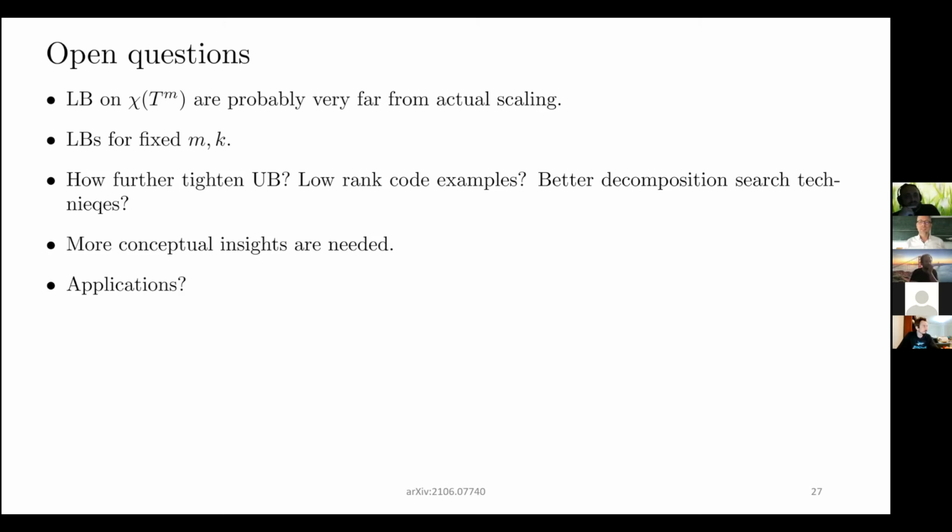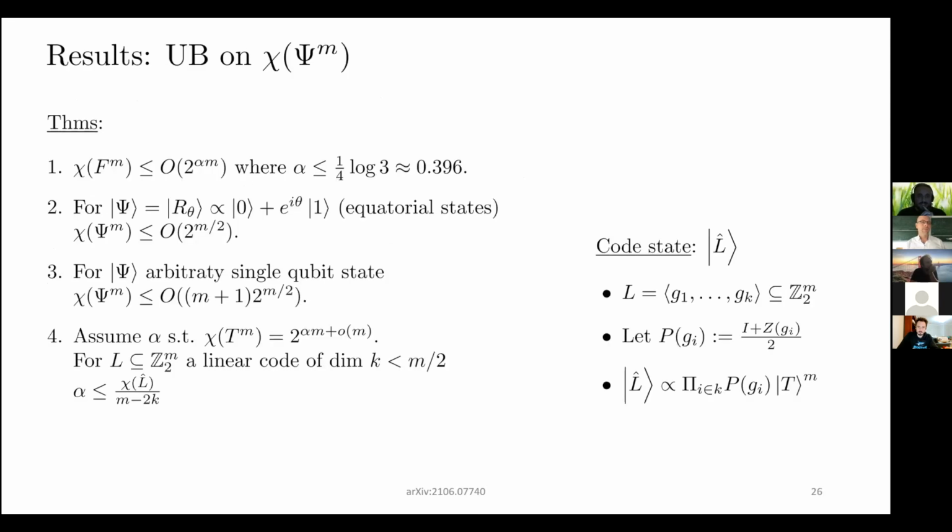In terms of why the cat, and couldn't you go further? Again, we know that if we had a low rank stabilizer decomposition of some other code state, not the cat, and maybe I should mention something here, which is that this construction that I gave in this last theorem, if you plugged in the cat for the code, the code that gives you the cat state, then you will actually recover our optimal bound here.